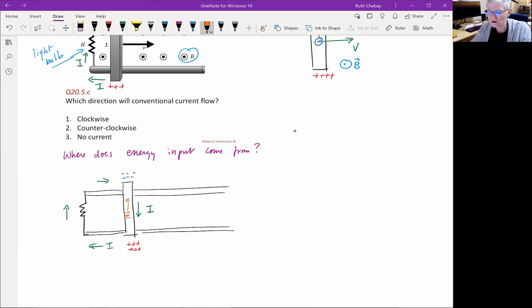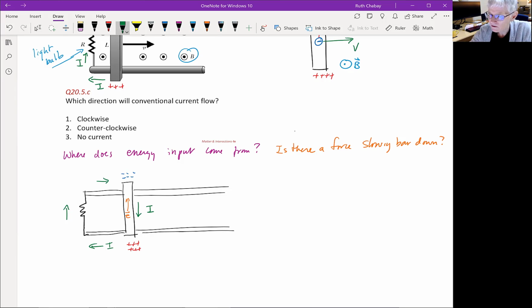Either the bar is just going to coast along forever, or there's going to be some force slowing the bar down. Is there a force? Answer is there actually is a force slowing the bar down.